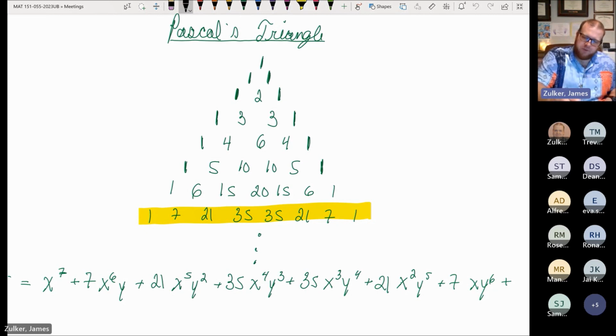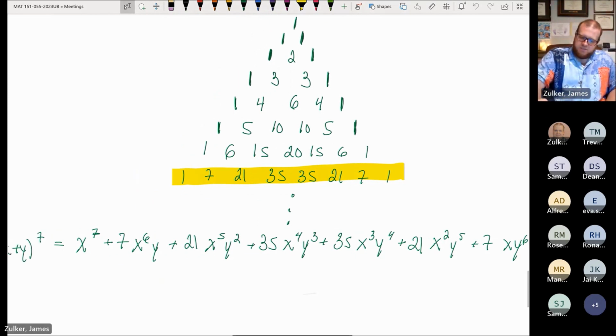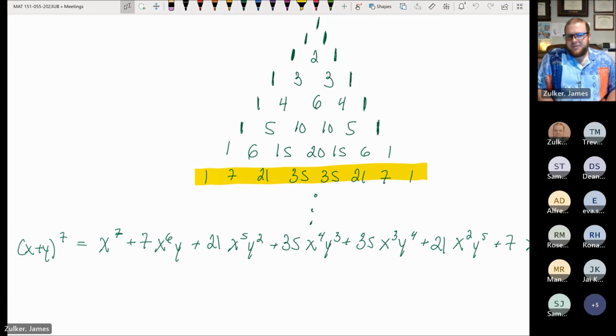The middle terms, so 2, then 3, 3, then 4, 6, 4, are the sum of the two diagonal terms above it. So 3 here is 1 plus 2, 2 plus 1, and so on. Each of these numbers is a binomial number. So the example is x plus y to the 7th. Go down to row 7, which is highlighted. Those are the coefficients: 1, 7, 21, 35, 35, 21, 7, 1.